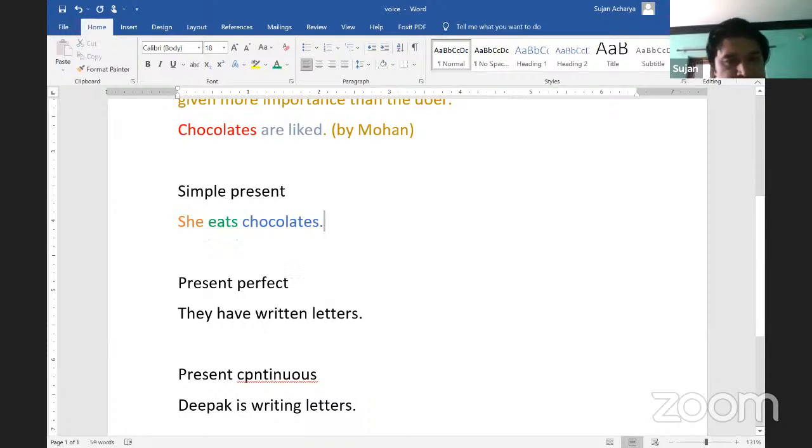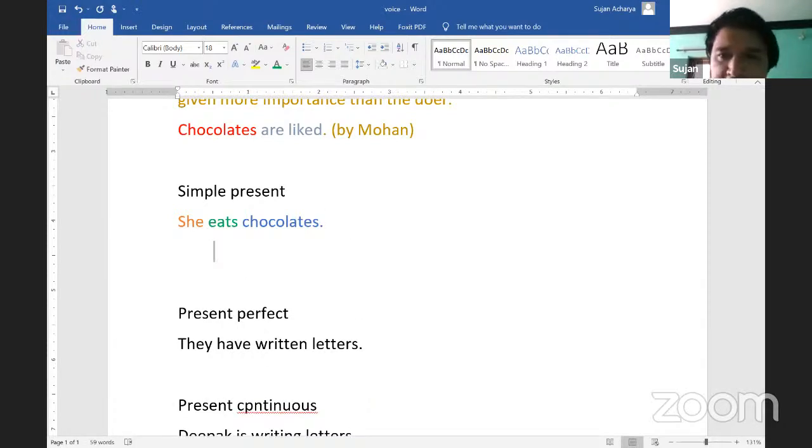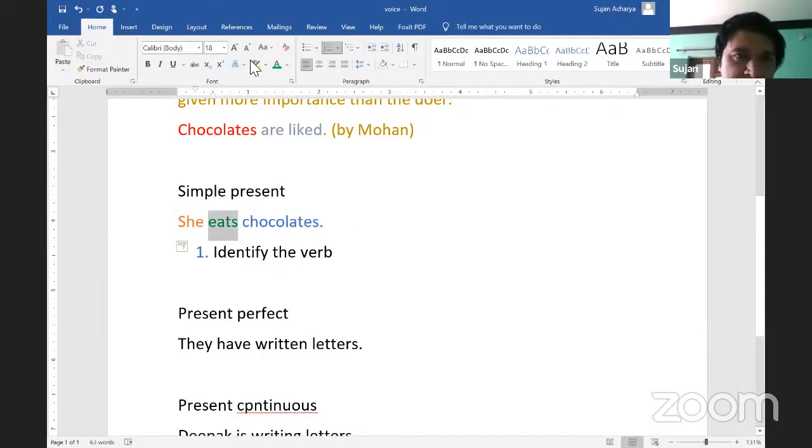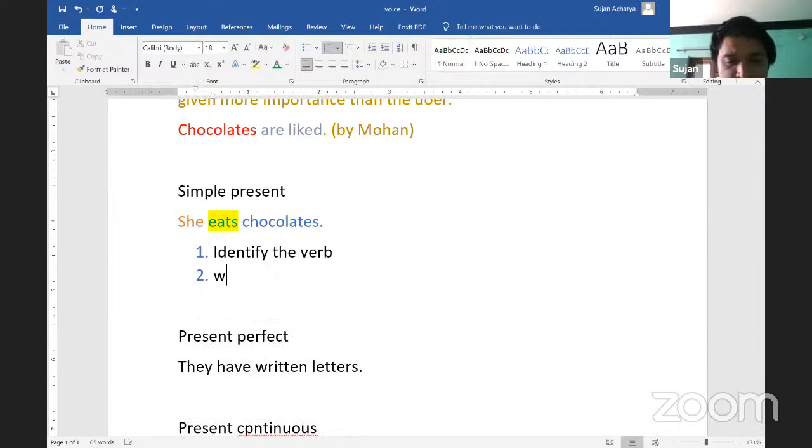First, identify the verb. Step 1: identify the verb. This is the verb in the sentence. Step 2: write its V3 form.